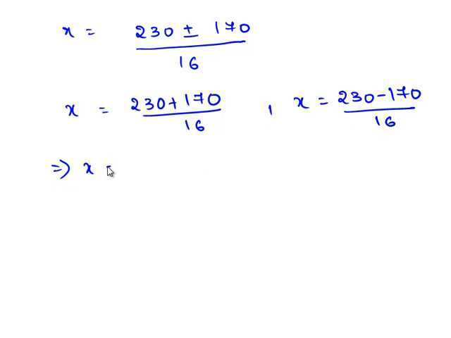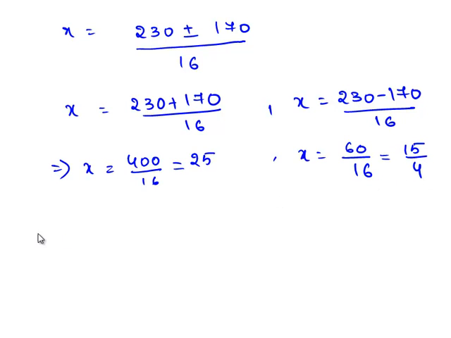So this implies x is equal to 400 by 16, which is 25, and x is equal to 60 divided by 16, which on simplification we have 15 divided by 4. Therefore, the two roots of the quadratic equation that we have obtained are 25 and 15 divided by 4.